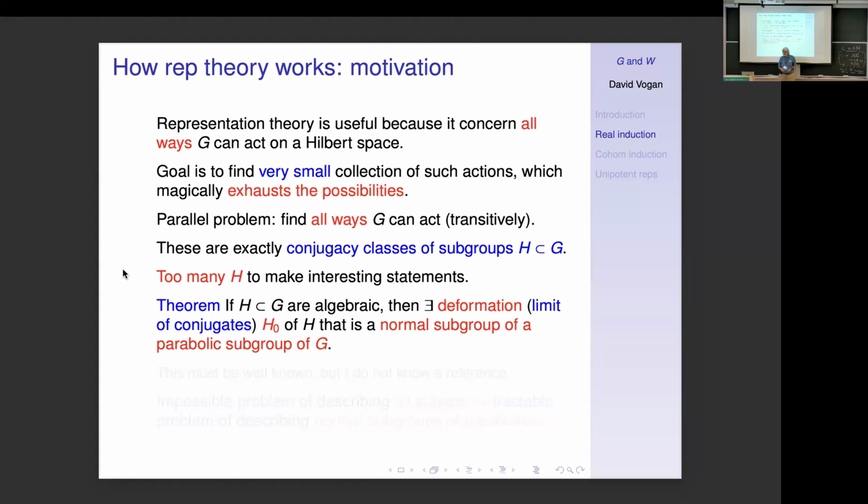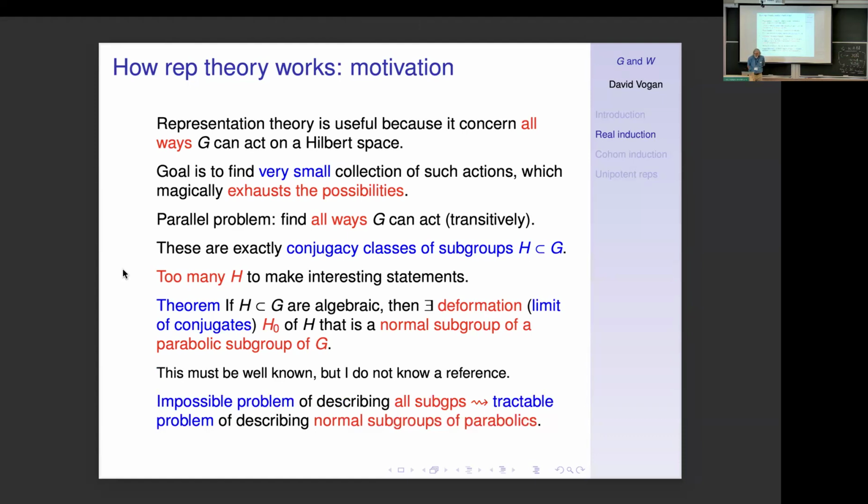It's a really important idea. So, okay, this theorem is a nice model. I couldn't find a reference for it, but anyway. So this impossible problem of describing all subgroups gets related to the reasonable problem of describing normal subgroups of parabolic subgroups.